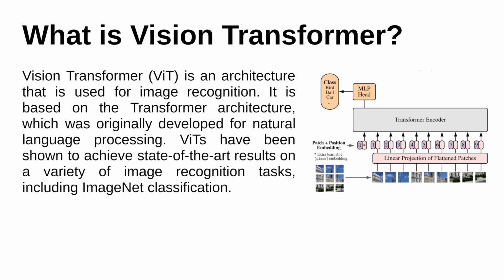ViTs have been shown to achieve state-of-the-art results on a variety of image recognition tasks, including ImageNet classification. One of the essential things about ViT is that it takes your whole image, converts it into patches, and then feeds those patches to the transformer. Now the conversion of the whole image into patches is also a task, so we'll learn about it in the slides next.